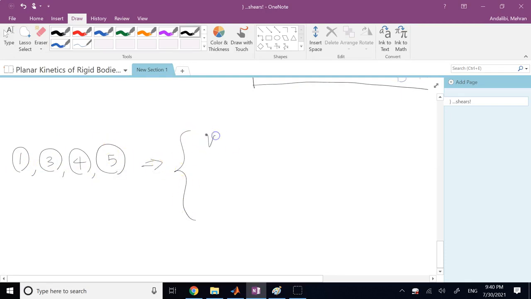You will get v prime of c is the same as v prime cx in the i direction, and v prime cx, I found it.